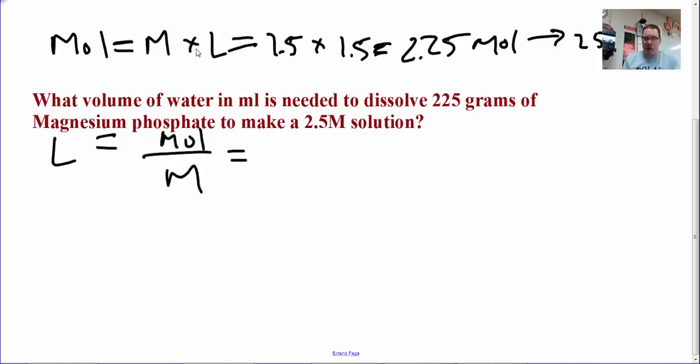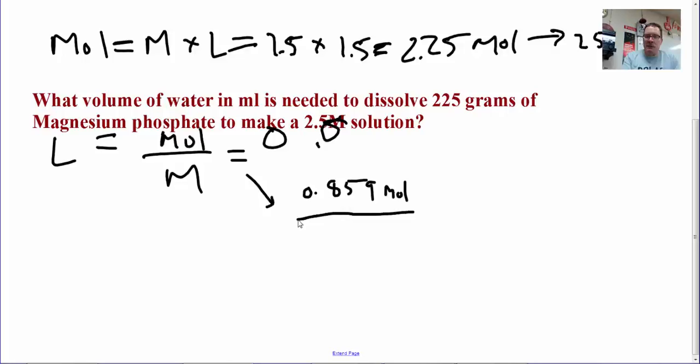And if I do so, then my moles become 0.859, checking my math, moles, which is 225 divided by the molar mass of magnesium phosphate.